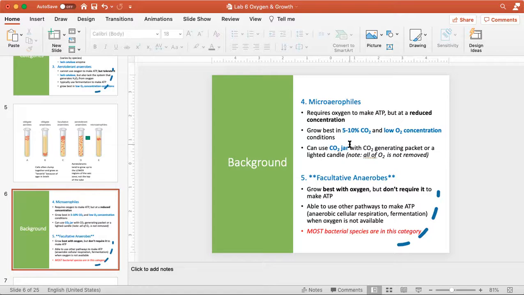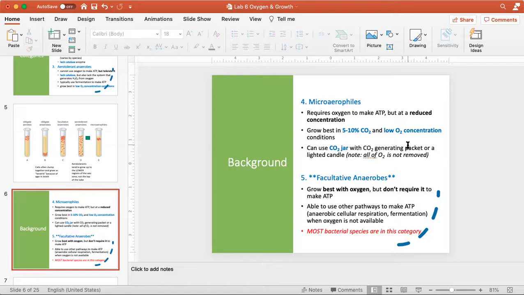You put your agar plate with cells on it into this jar, and then you put in this special material that generates carbon dioxide. What it does is add the extra carbon dioxide while forcing some of the oxygen out.